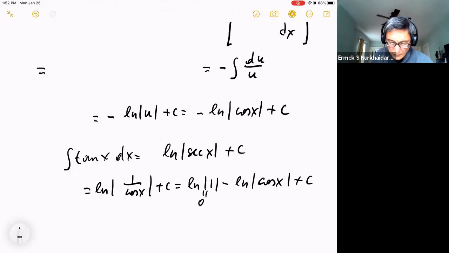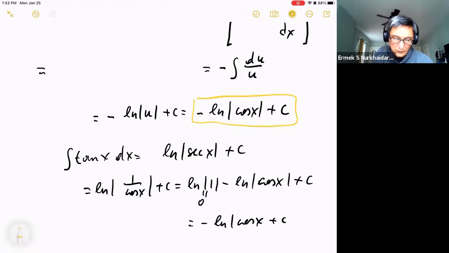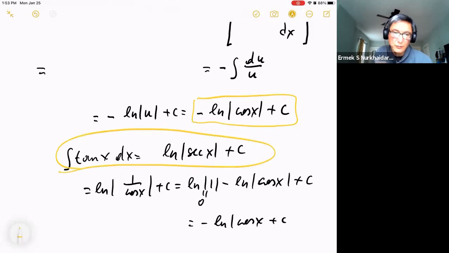Ln of 1 equals 0, so we're going to get negative ln of cosine x. So our answer, which you got just a minute ago, and the answer which might be given to you in a textbook are equivalent. It's a matter of how you'd rather write it. So ln of secant x plus c for the antiderivative of tangent x is kind of more standard, but I don't see much of a difference if you write negative ln of cosine x.